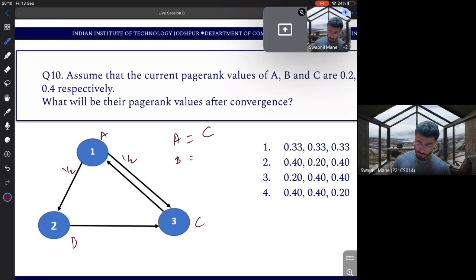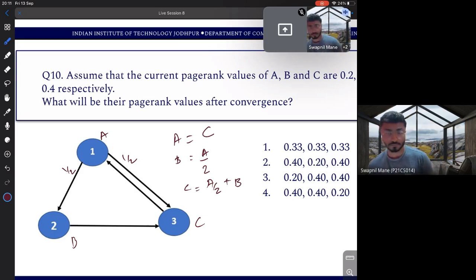So we have considered A divided by 2. Only one incoming edge goes there to A. C has two incoming edges, from A divided by 2, and from B the whole contribution comes from B.